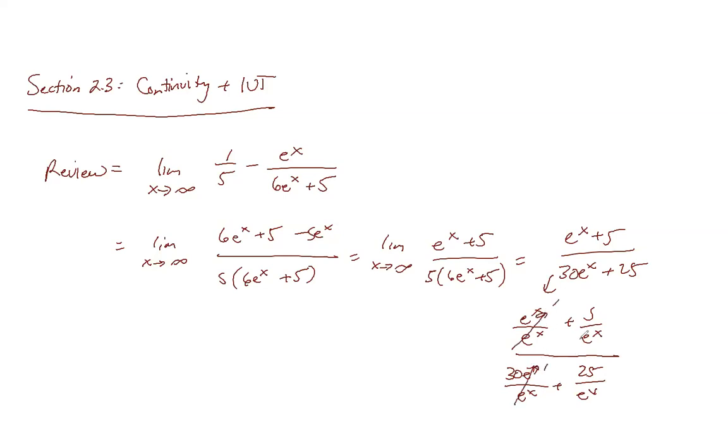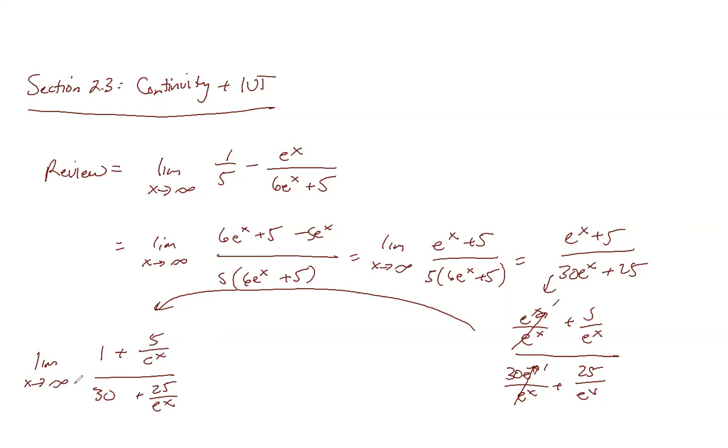Those e to the x's are going to go away. These are going to stay as fractions. And I'm going to rewrite this just over here. I'll have the limit as x approaches infinity of 1 plus 5 over e to the x divided by 30 plus 25 over e to the x.